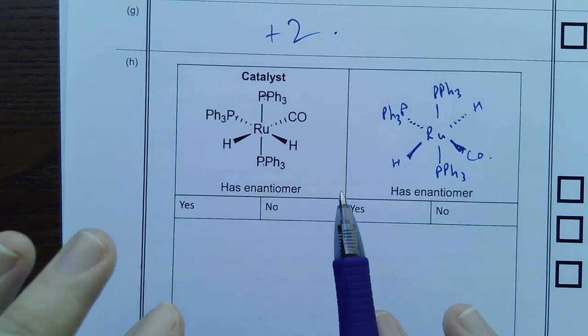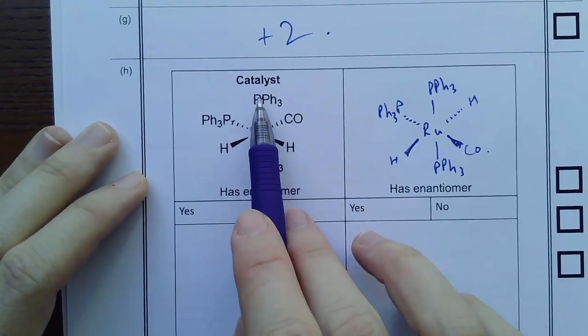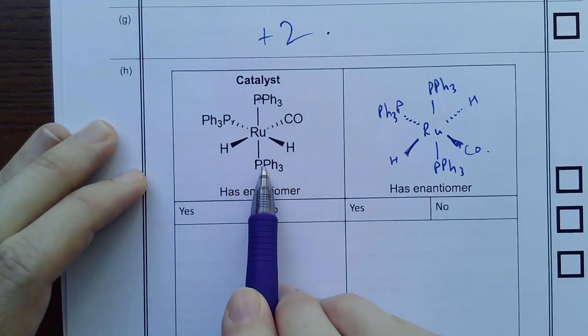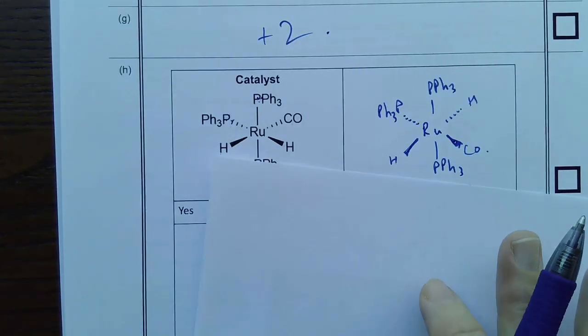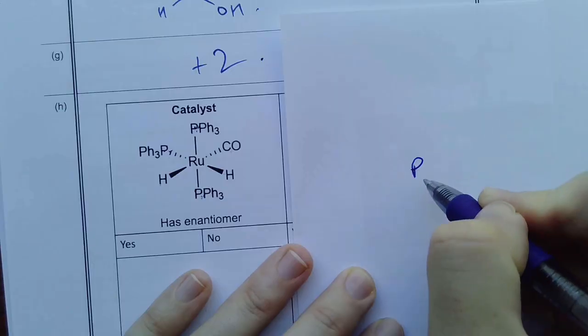And what it does is by locking in your PPh3s in the same plane, it means you don't need to worry about any other combinations. Because you might start to think to yourself, oh well, what if I drew this?